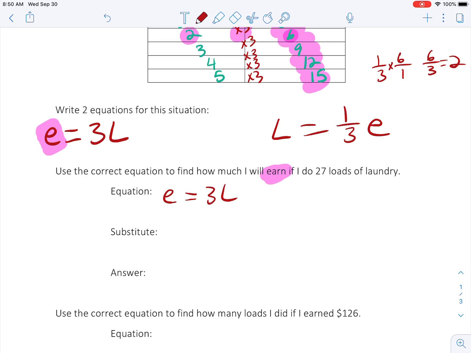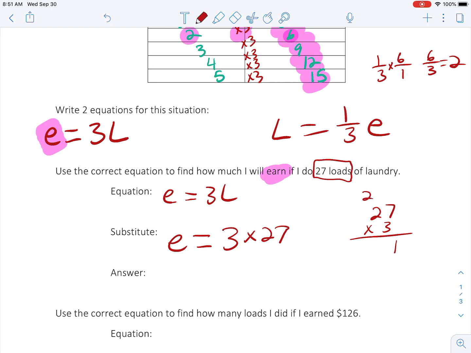Now I'm going to substitute the number of loads that we have here for L. So E equals 3 times 27. I'm going to do the math off to the side. 3 times 2 is 6, plus 2 is 81. But what are we talking about? How much he earns, so it's $81.